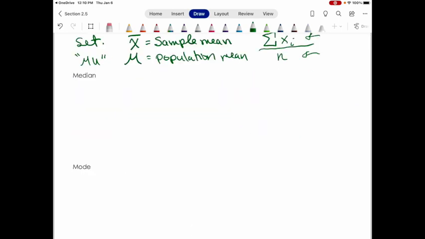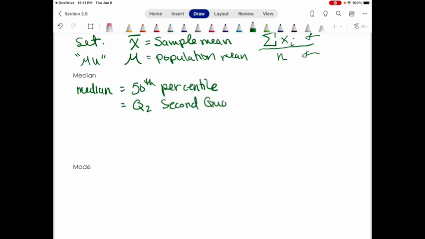Now, the median is another way to measure the center, and this is something that we've already talked about as well. The median is the 50th percentile, or another way to say that is Q2, the second quartile. And that is the value that when you list your data set in increasing order from smallest to largest, it's going to be the middle value.